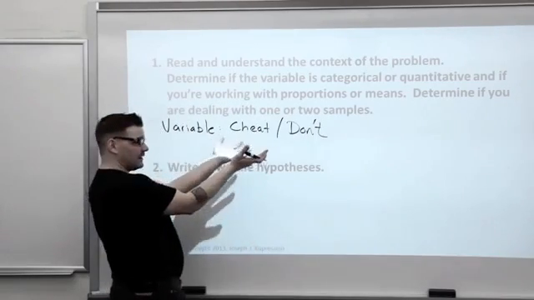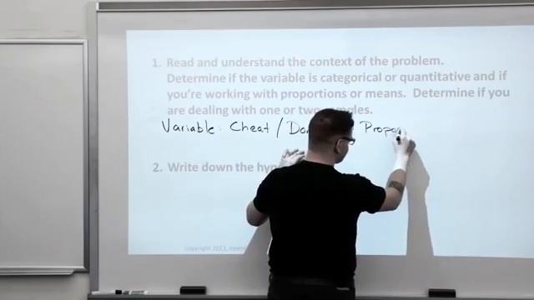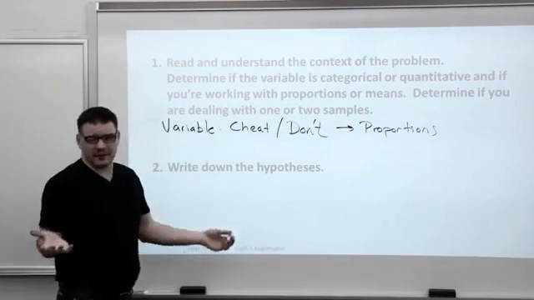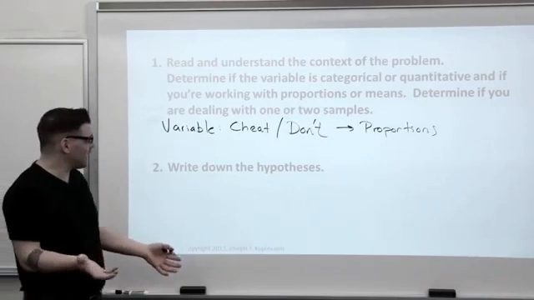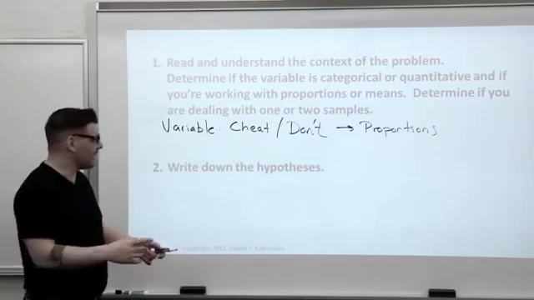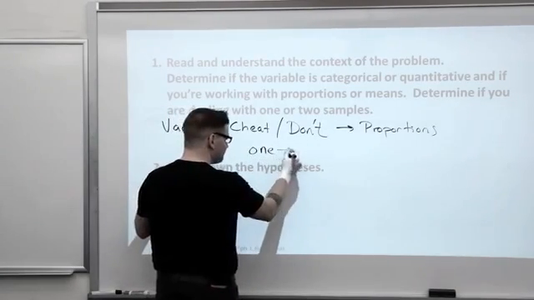When we're working with categorical variables, this tells me we're working with proportions, right? And it's one sample. It's one sample of students from the college tested against the number. The number is 75%. So it's a proportion problem, and it's one sample.